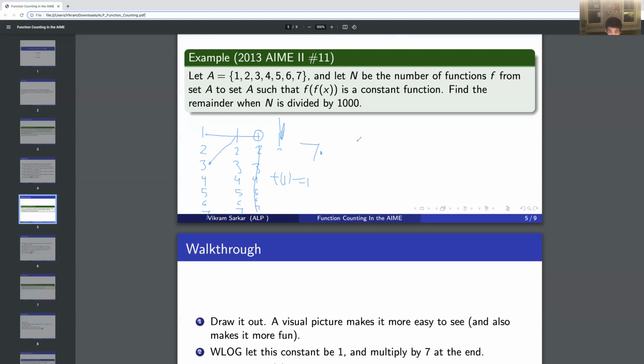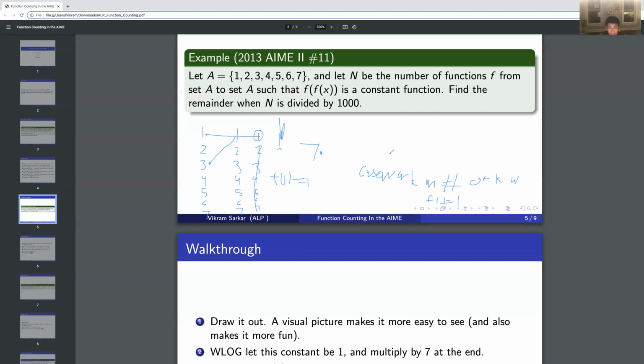So we're doing casework on k, the number of inputs with f of something equals 1.